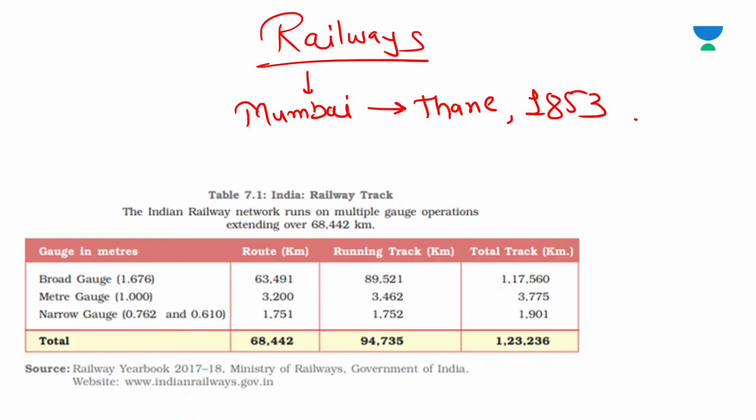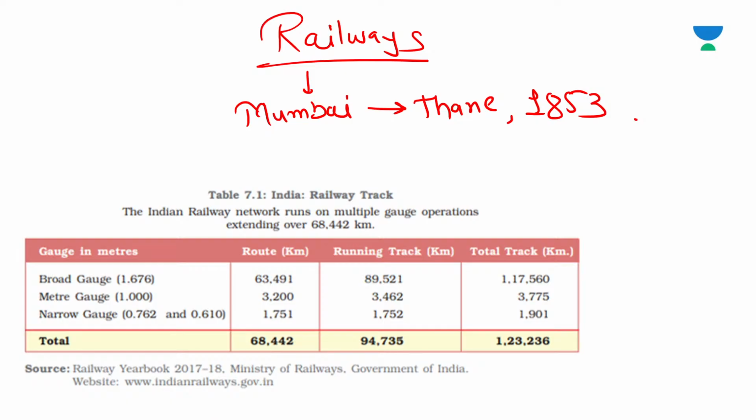Likewise, it was difficult to lay railway lines on the sandy plain of western Rajasthan, swamps in Gujarat, and forested tracts of Madhya Pradesh, Chhattisgarh, Odisha, and Jharkhand.